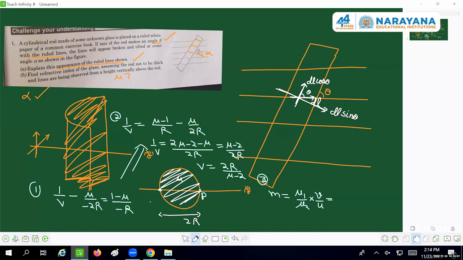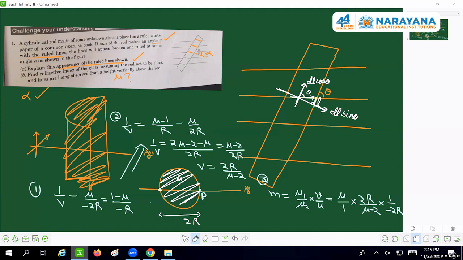So that comes out to be mu1, so that is mu, the mu2 term here is 1. V I have calculated, which is 2r upon mu minus 2, right? And the u term is actually minus twice of r.